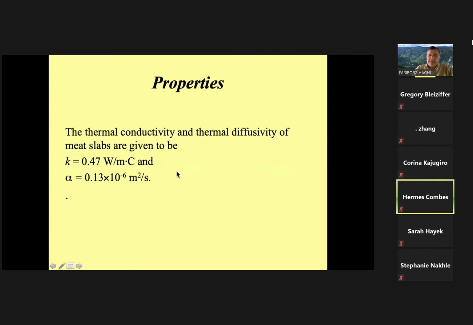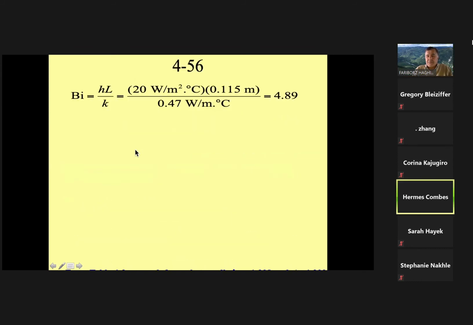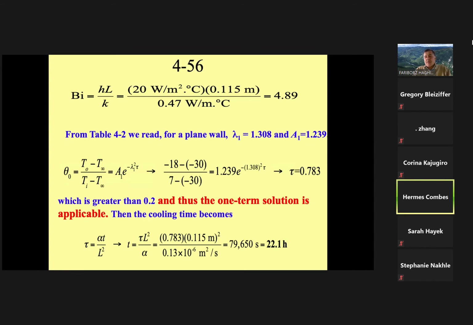Based on this assumption that I assume this remains constant. To be more correct, we should have gone to 0 and then checked again our K and alpha. To be more correct, this procedure will not apply at all, because there is another physical phenomenon taking place that we did not consider. We have a slab of meat, and there is a phase change because we are assuming the meat is 90% water.